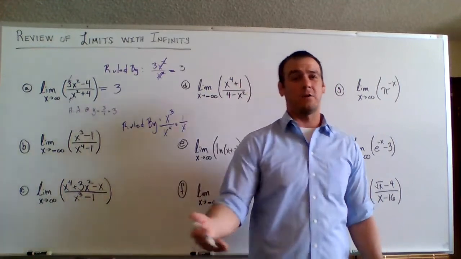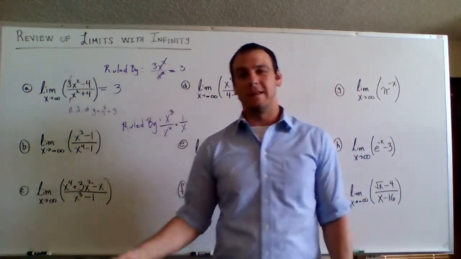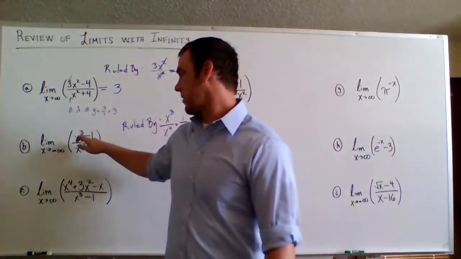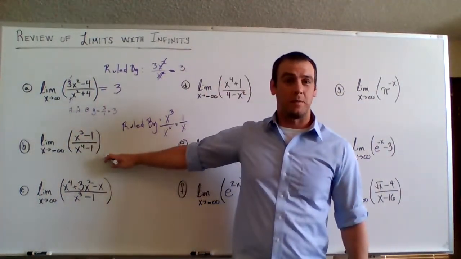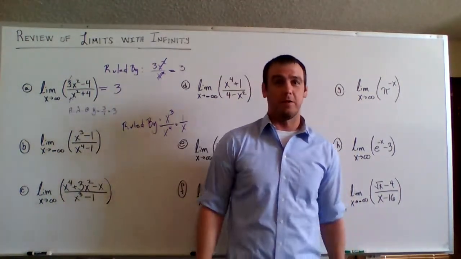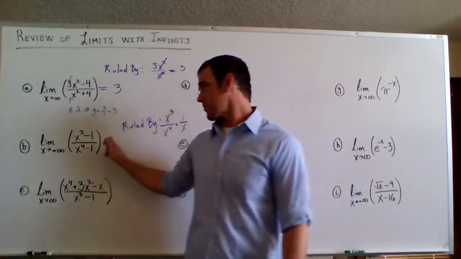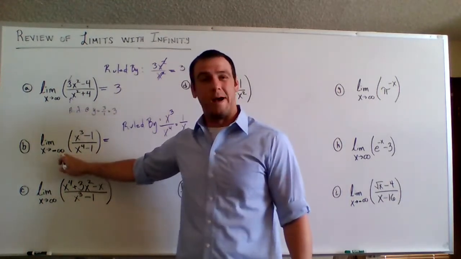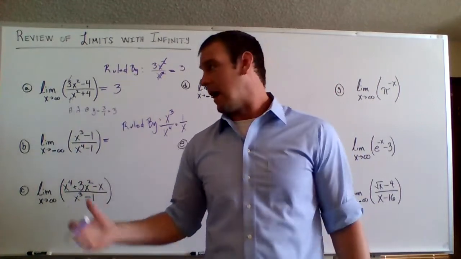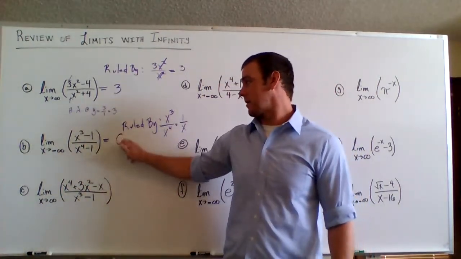If you think about the rational function 1 over x, it does have a horizontal asymptote at 0. Another way to think about this is that my degree is bigger on bottom. If our degree is bigger on bottom, we're going to have a horizontal asymptote at y equals 0. So it doesn't really matter if we're approaching positive infinity or negative infinity on this one. It would be the same either way. It's going to be at 0.